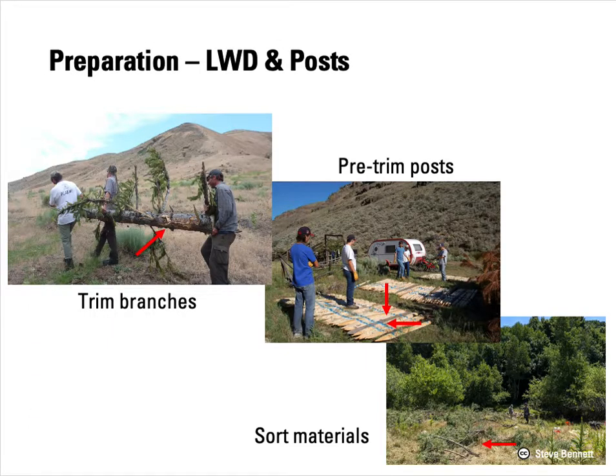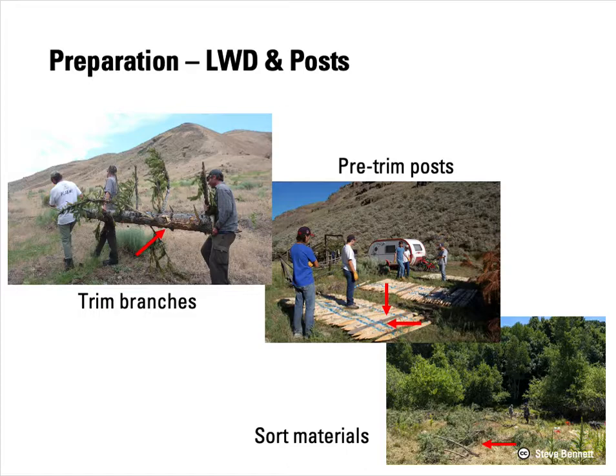And then you just want to get some basic things prepared. We'll trim the branches off of larger pieces of wood that we're using to build PALS, so that one side of the wood can have more contact with the stream bed. And especially when you're starting off, painting some guidelines on your posts helps you see how far you've driven the post in.